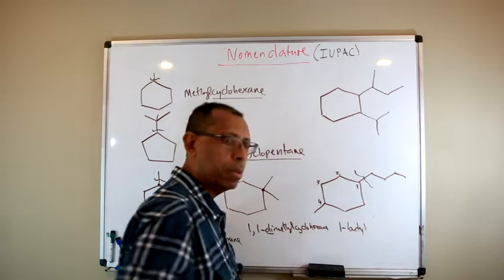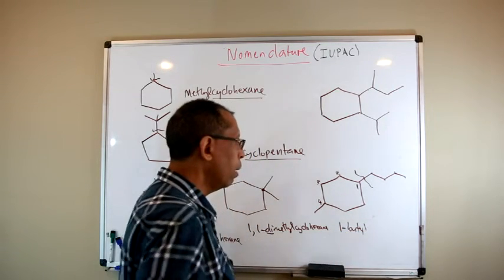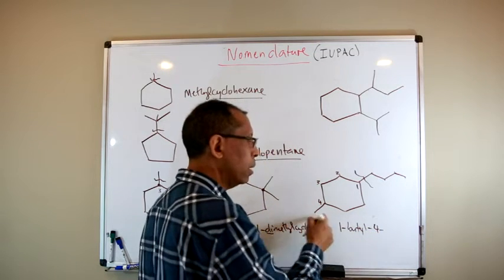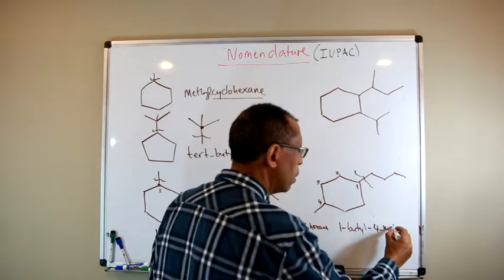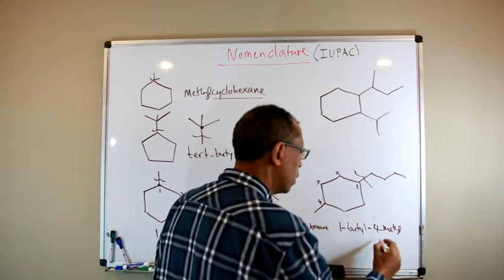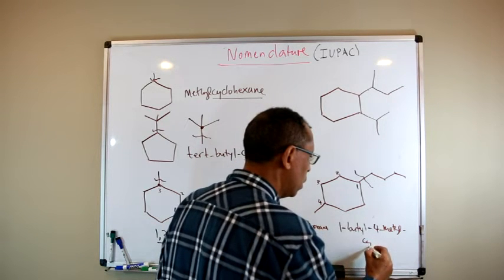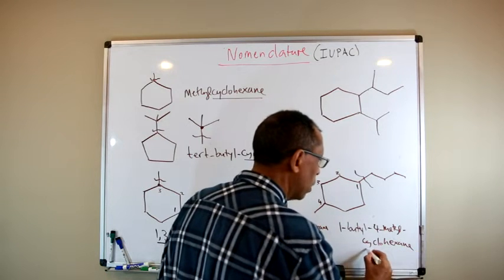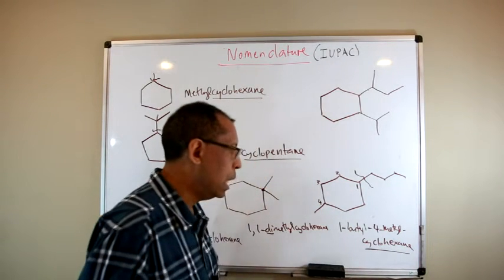Alphabetically it's also good that it's B, but at 4 position, 1 butyl, 4 methyl cyclohexane. Cyclohexane because it's a 6-membered ring.